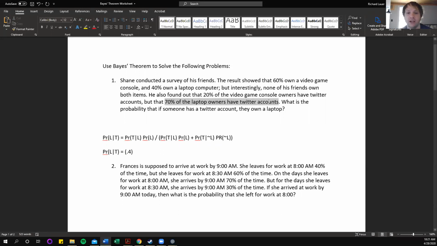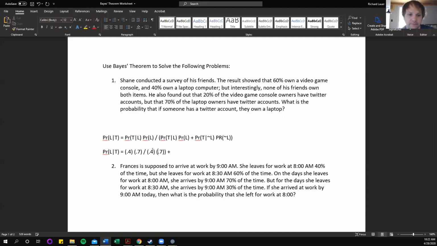So in this case, this is the relevant one here, right? Because we want to know the probability that you have a Twitter account if you have a laptop. Well, if you have a laptop, that's 70% of the population. So you just plug in 0.7, right? And then obviously the left-hand side of the sum here is the same as the numerator. So we're just going to go ahead and do this, right?